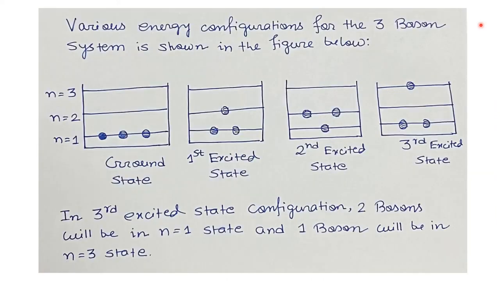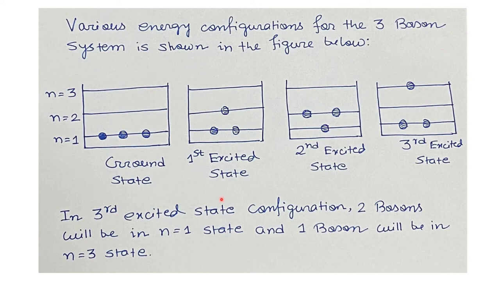In the previous slide, we have already seen the energy spectrum of the one-dimensional infinite potential well. Now we'll see how we can accommodate the three bosons in the energy levels such that the system has the third excited state. We'll do it systematically.